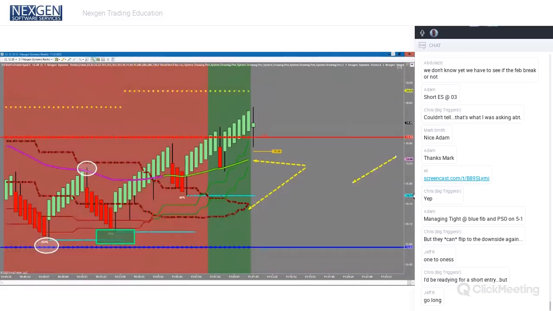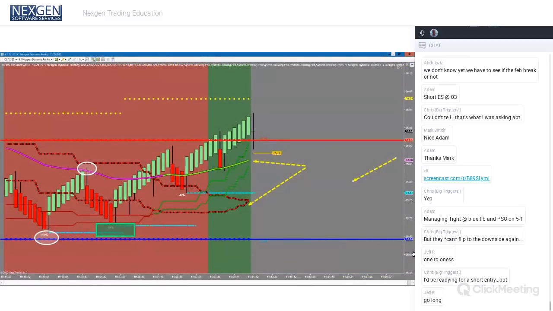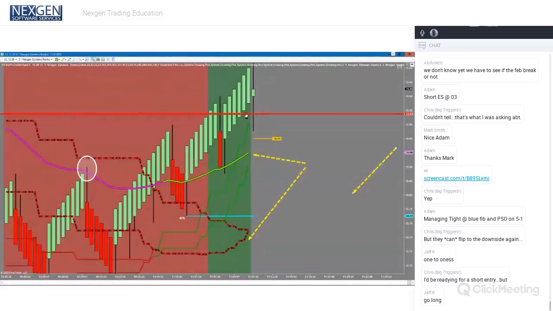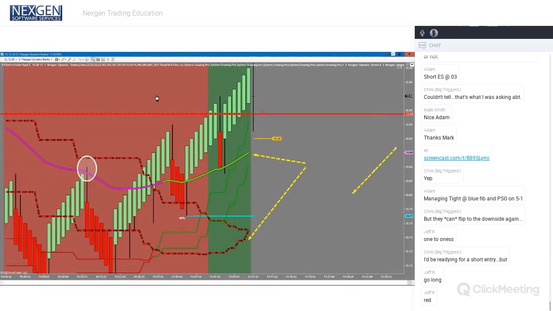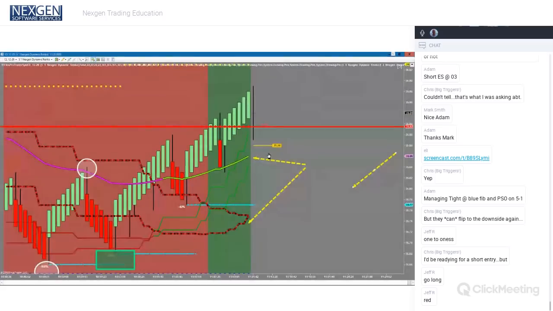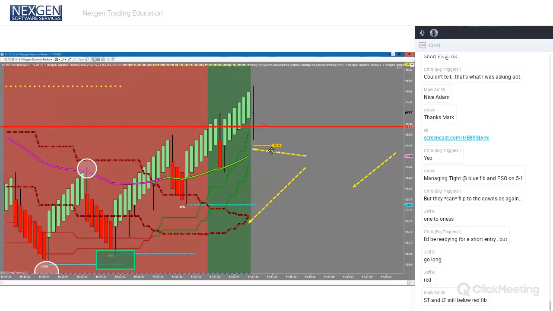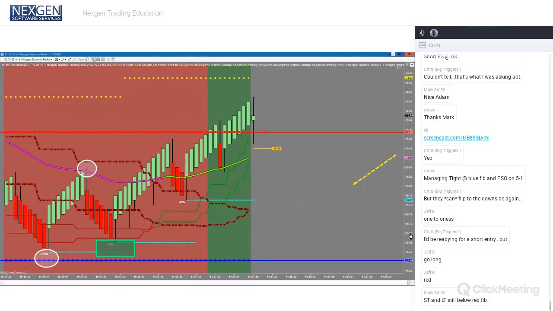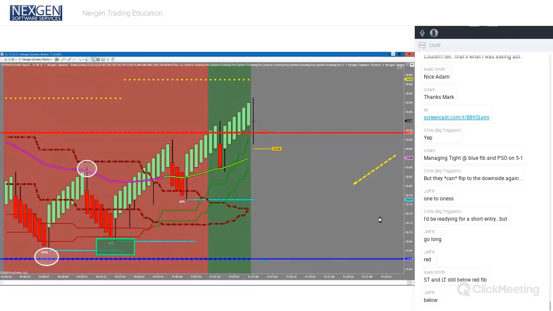No, Jeff, for the love of God. What color is that fib? Red or blue? Okay. Where is the location of the triggers, above or below? So it's a red fib with triggers below it.